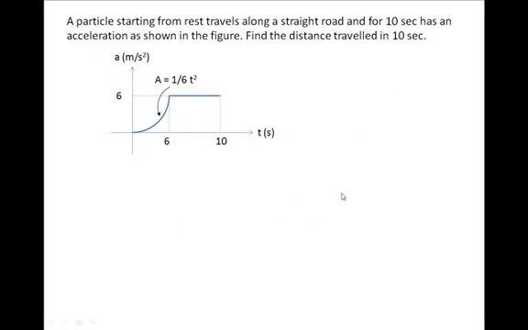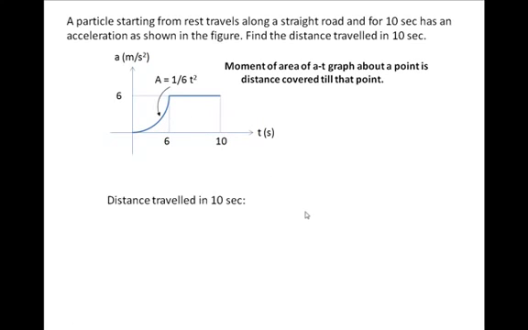See the next problem. It says particle starting from rest travels along a straight road and for 10 seconds has an acceleration as shown in figure. Find the distance traveled in 10 seconds. So we have this rule: moment of area of AT graph about a point is distance covered till that point. So all you have to do is find moment of these two areas about this point. So first is parabola. Its area is 6 into 6 by 3.